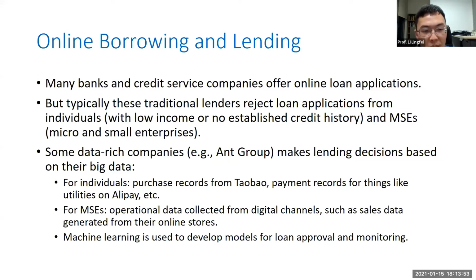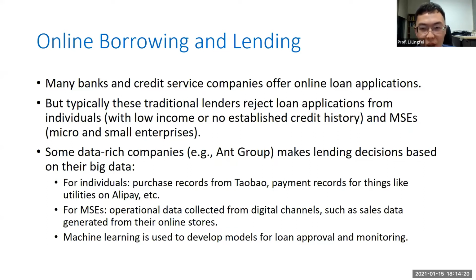For those micro and small businesses, Ant Group can get their operational data collected from digital channels. Nowadays, many merchants allow customers to pay by Alipay, right? So if a customer pays by Alipay, then Ant Group knows immediately the revenue generated from that sale for this company.